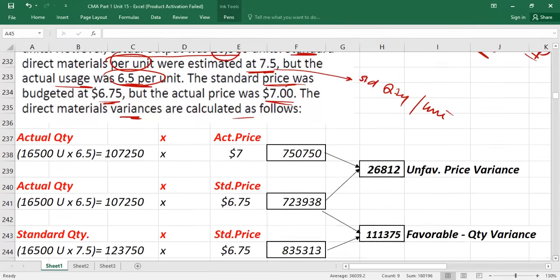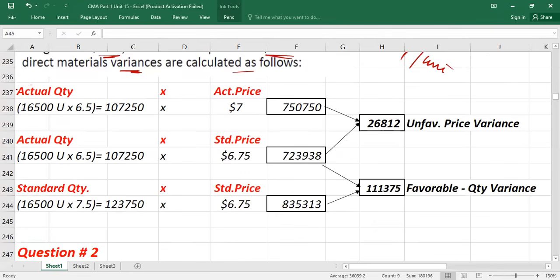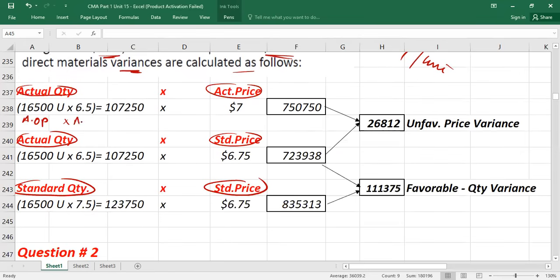Very simple. First you will write actual quantity into actual price. Then in the second line you will write actual quantity into standard price. Then you will write standard quantity into standard price. Three lines, because I'm going to calculate the price variance, the quantity variance, and then the total. Actual quantity, how will you take it? You will always apply actual output into actual kg per unit.